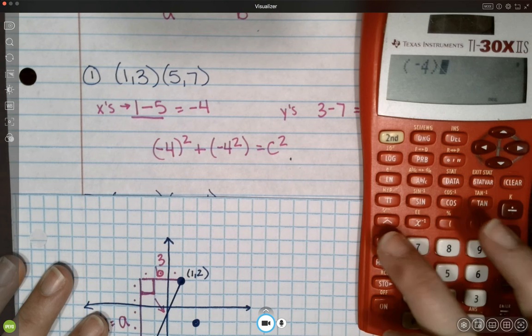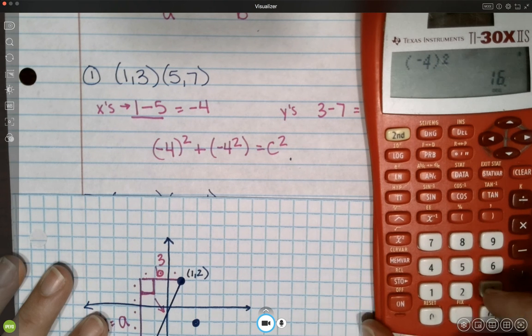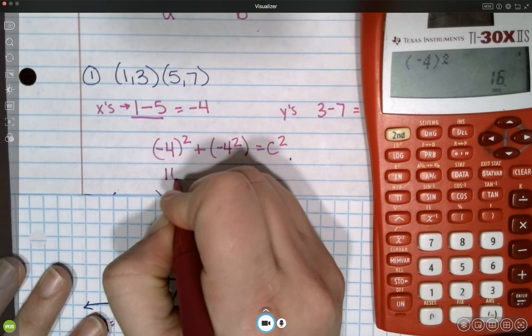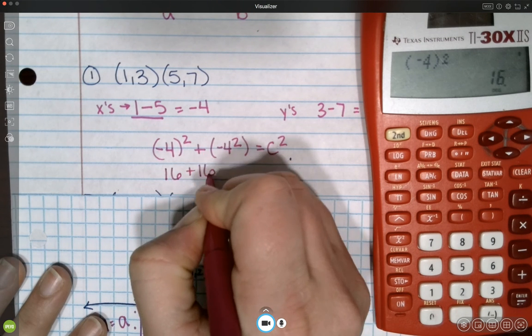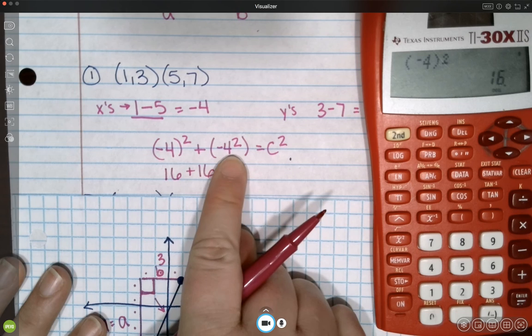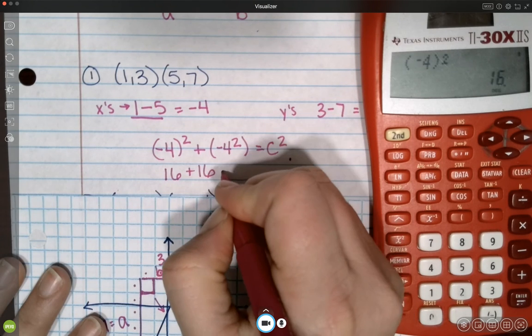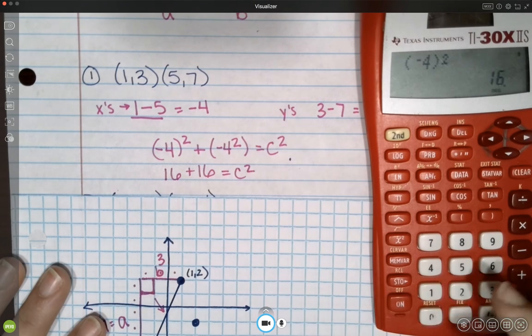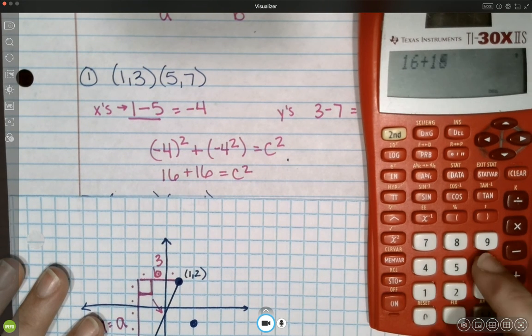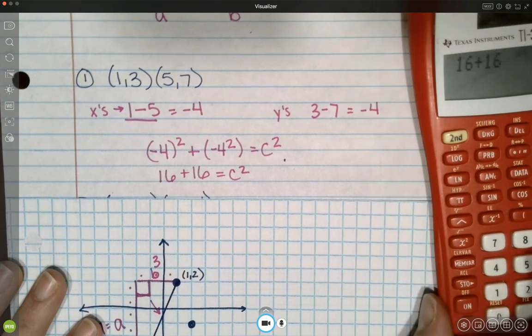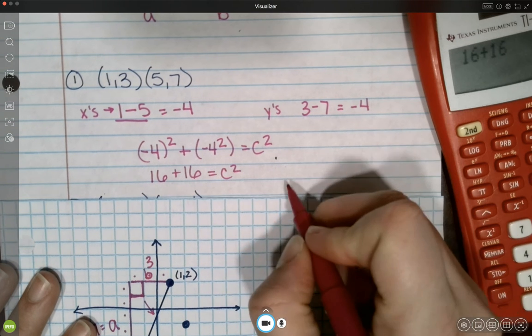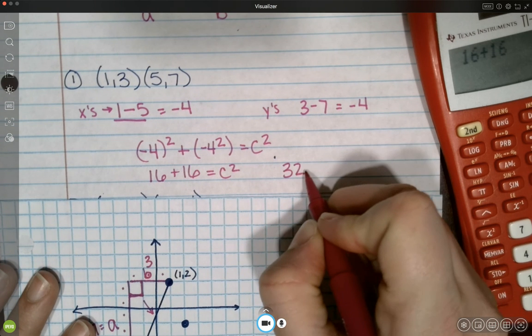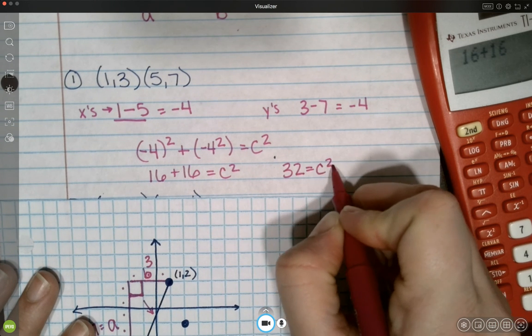Negative 4 squared, negative 4 times negative 4 makes a positive 16. Well, if that negative 4 squared is positive 16, this one has to be too, equals c squared. 16 plus 16 gets me 32. And I ran out of room here, so I'm going to shift it over here. So 32 equals c squared.